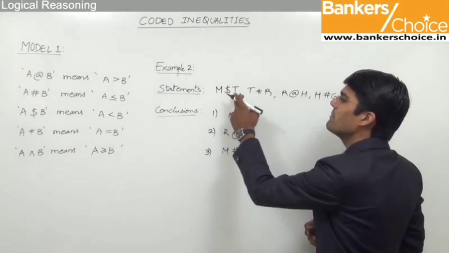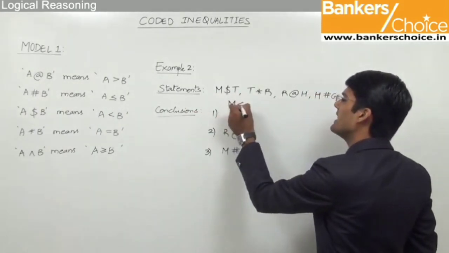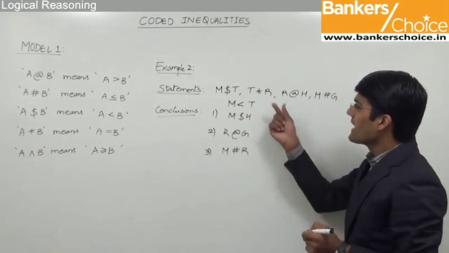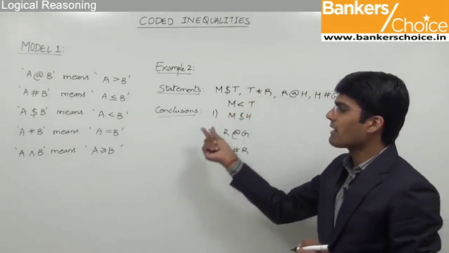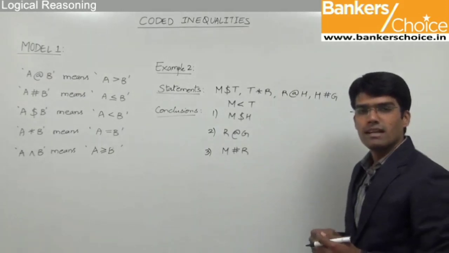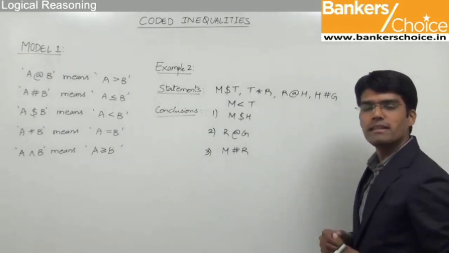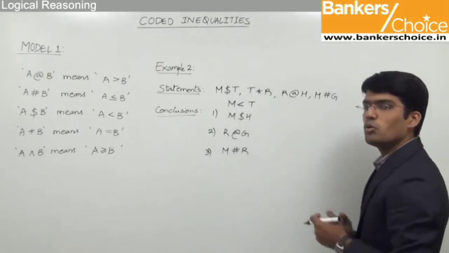We know that dollar means less than, so we can say M less than T. The next part here is T star R, and star means equal to, so we can say T is equal to R. Now friends, instead of writing T equals R separately and then combining the two statements, let us directly try to merge them.